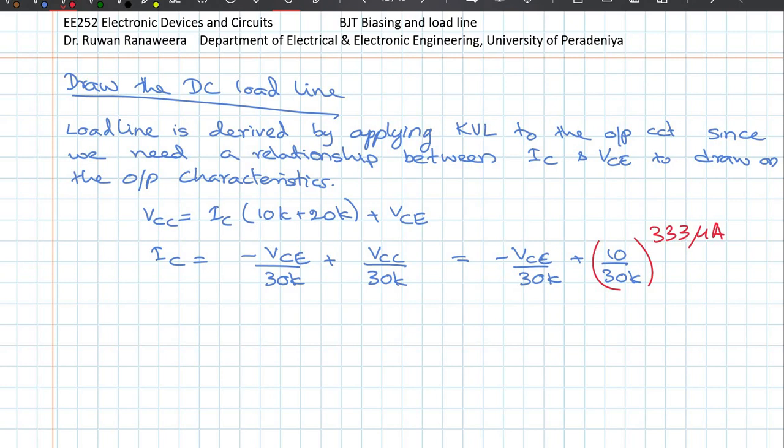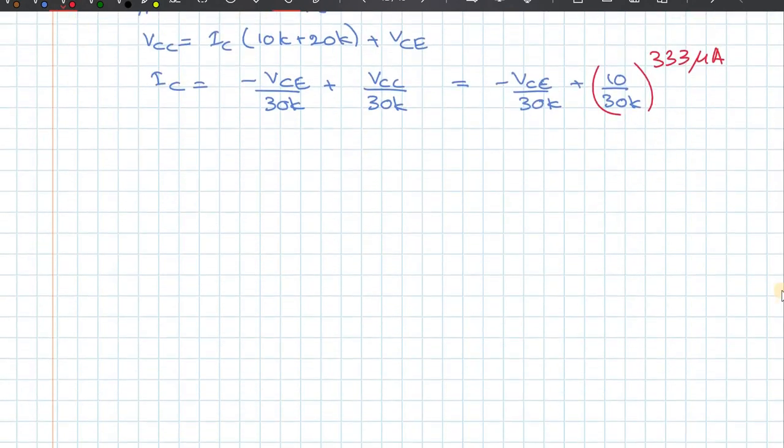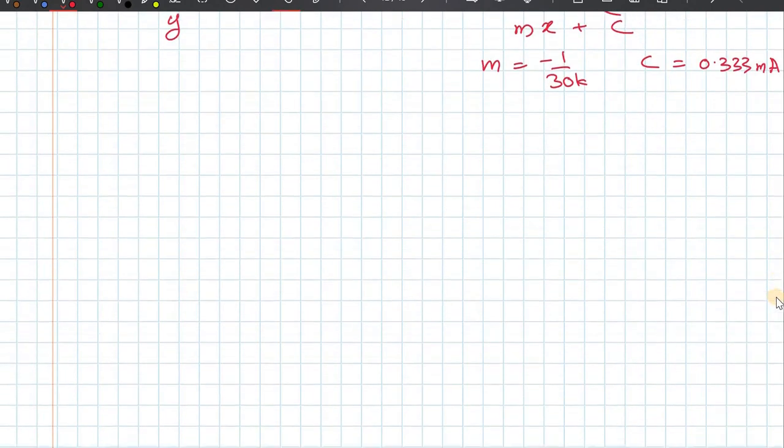Now I can draw the relationship because it is similar to y equals mx plus c, where m is minus 1 over 30K and c is 0.333 milliamperes. So let me draw the characteristics.